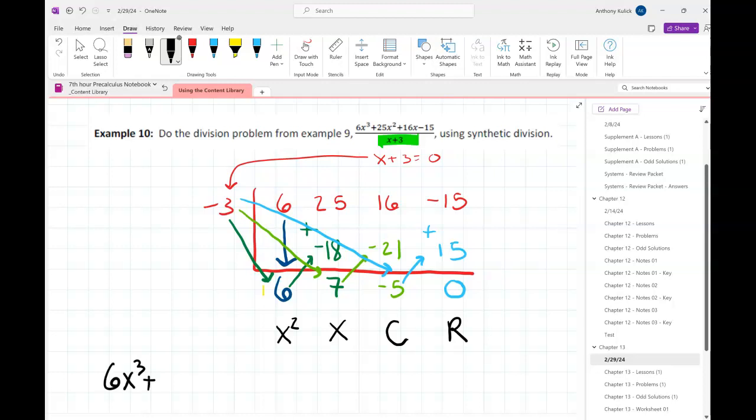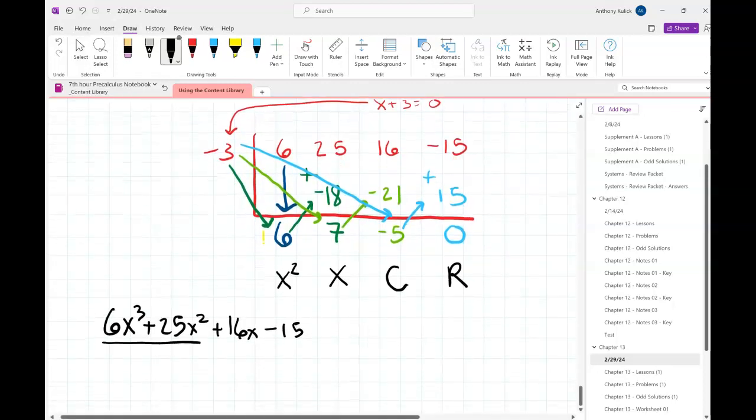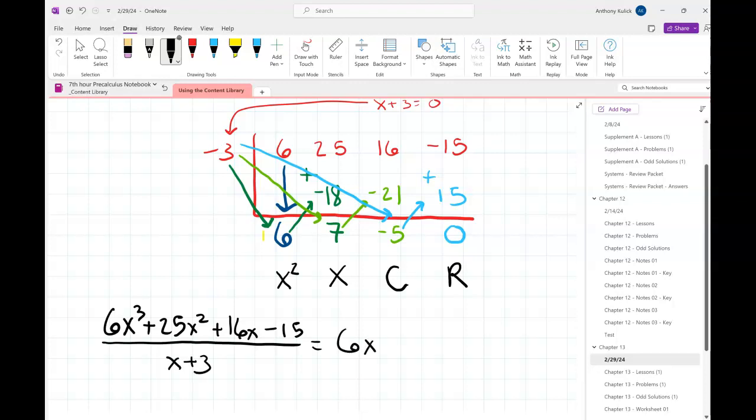So to write our final answer, we would say that 6x cubed plus 25x squared plus 16x minus 15 over x plus 3 is equal to 6x squared plus 7x minus 5 plus my remainder, 0, over my divisor x plus 3.